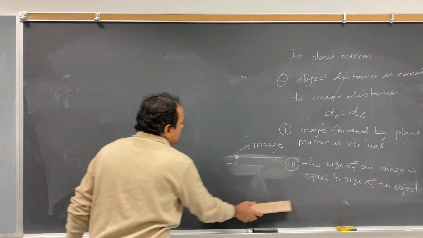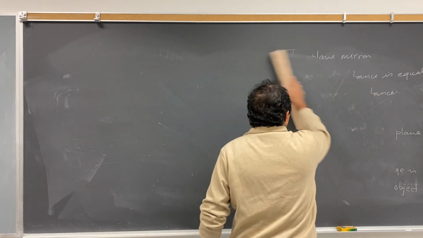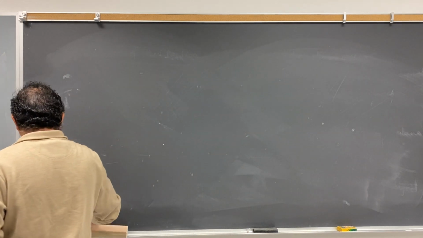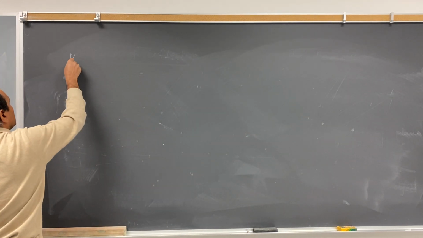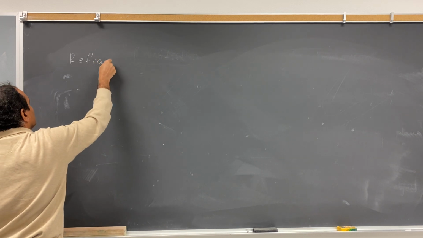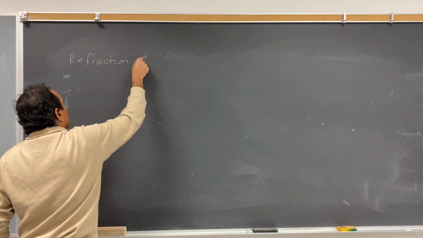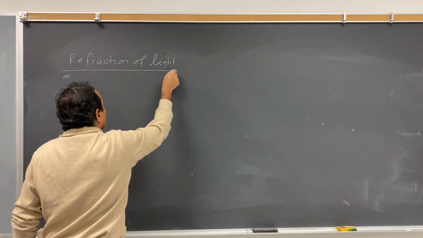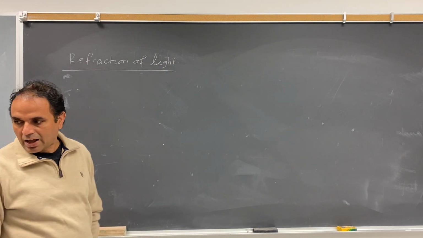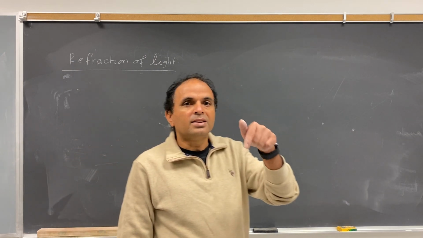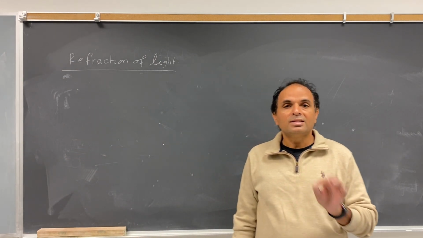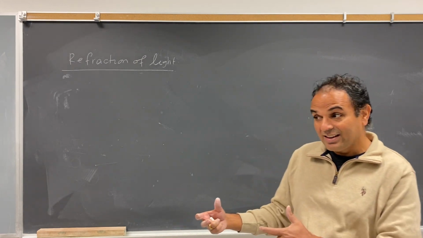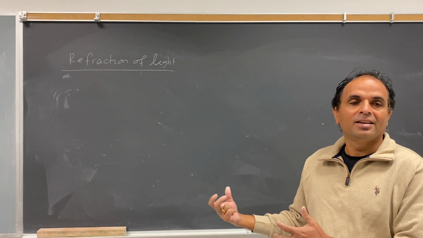And there is another one we call refraction of light. For example, what happens is, if you take a stick, and if you dip the stick in the swimming pool or water, you can see that the stick is bent there.